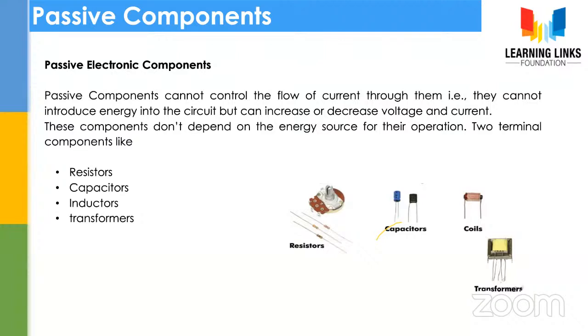It reduces the flow of current, just like we decrease the flow of water in the pipe. So this is called a resistor, okay. You will learn very deeply about the resistor in the next session, okay.